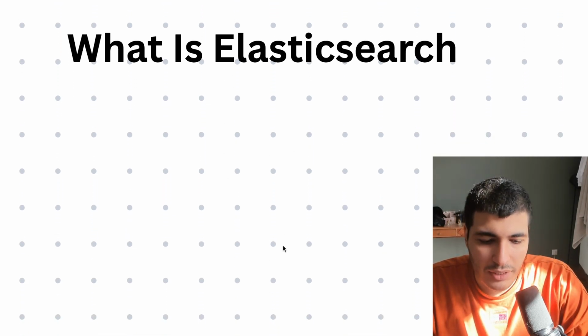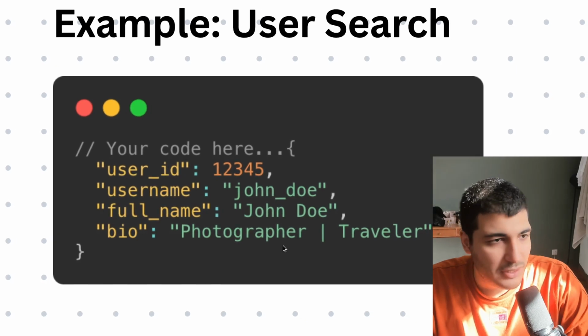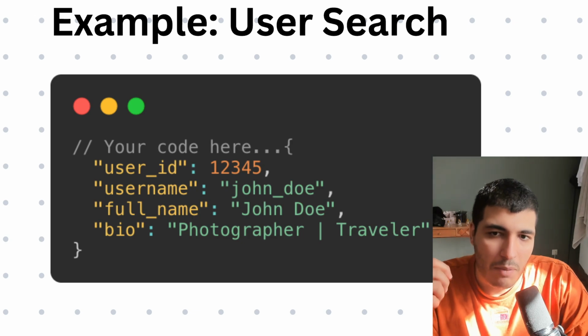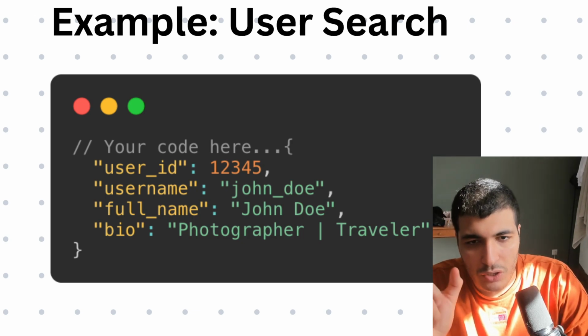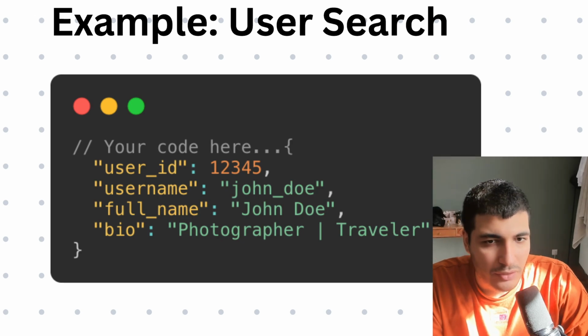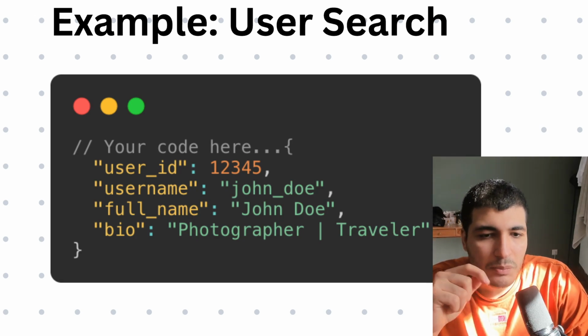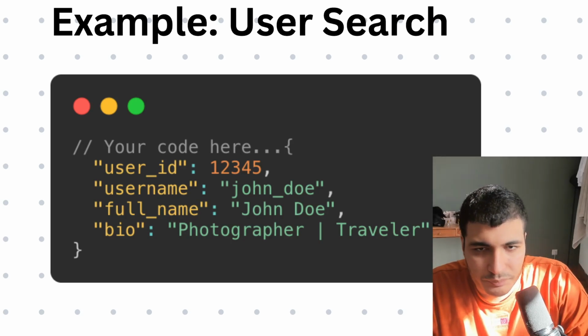We can take an example of that, as you can see here. We want to let users, for example, search for people by name or bio. We can store each user like this. And now when someone searches for something like a photographer, Elasticsearch can instantly return matching profiles, even if the word is in the bio.